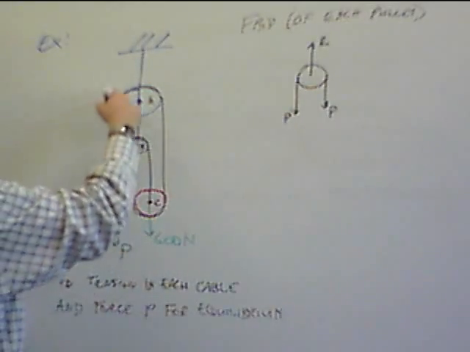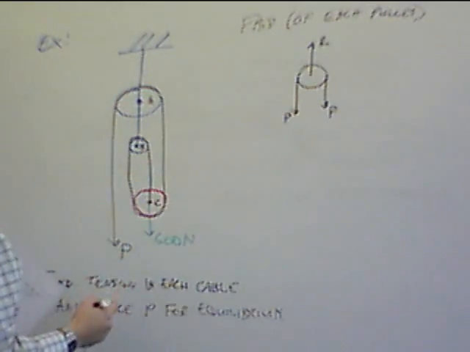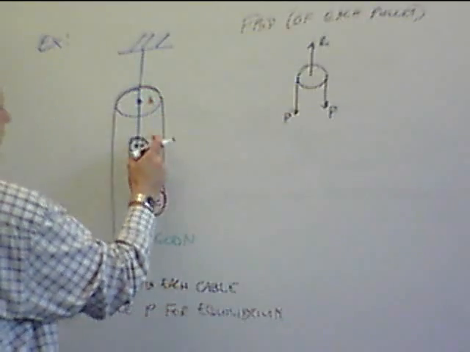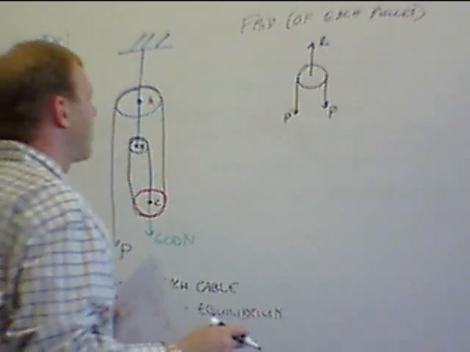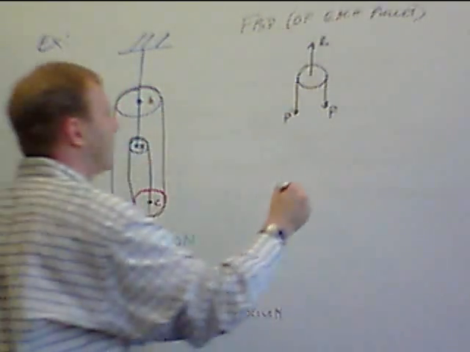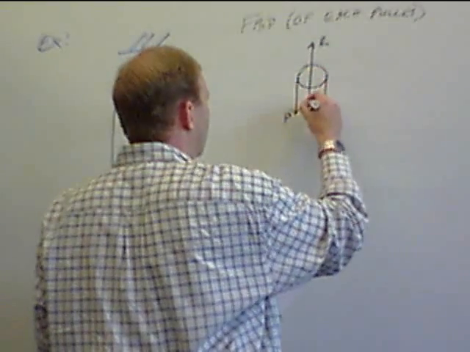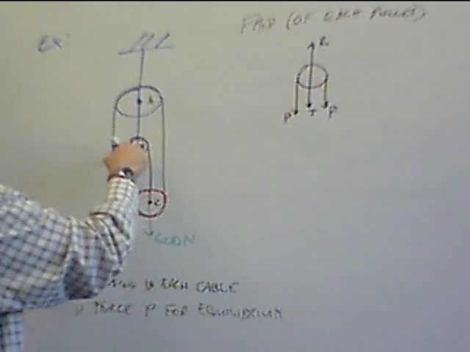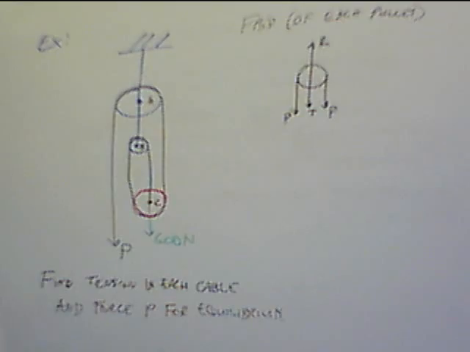Again, this same cord all the way through is going to have tension P all the way through. So we have P pulling down here and P pulling down here. We also have applied at the center the tension in the cord that connects it to pulley B.